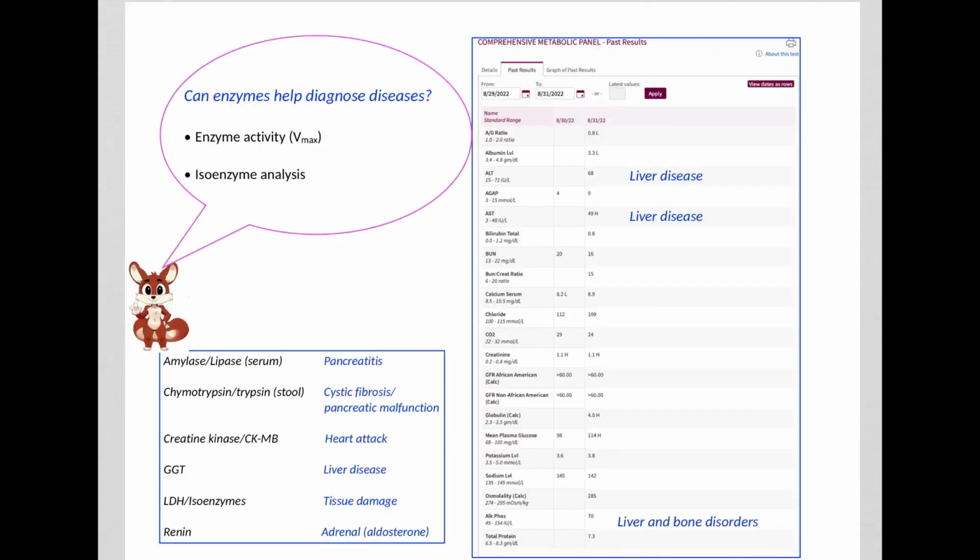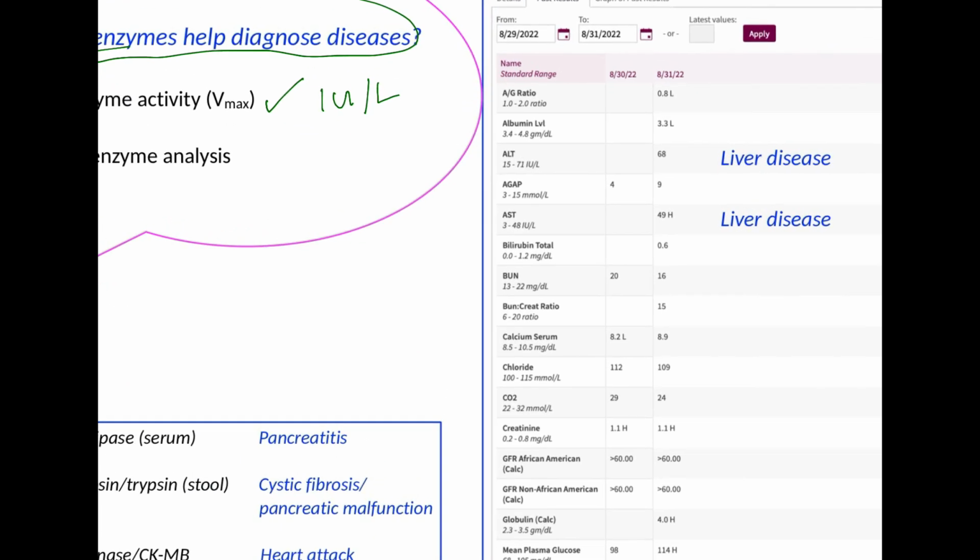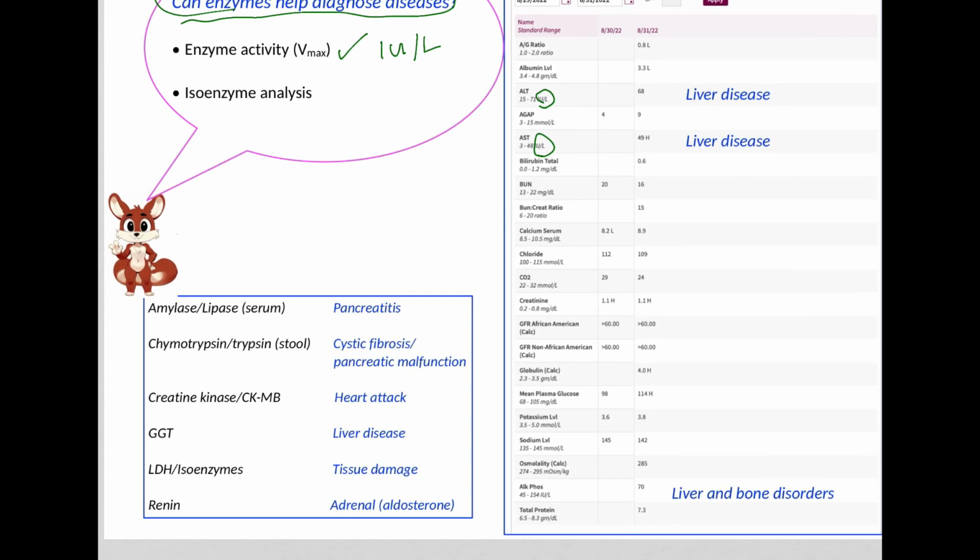Just to conclude, can enzymes help diagnose diseases? Yes, we measure the enzyme activity. Very commonly, the units are international units per liter, and you see that in your clinical lab report. That's what IU per L means, international unit per liter.